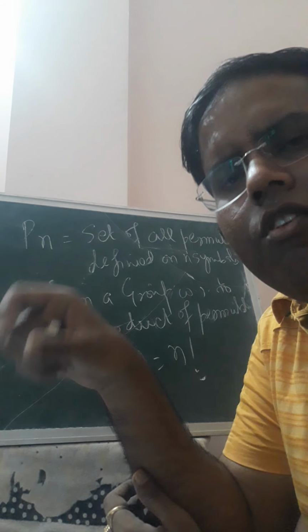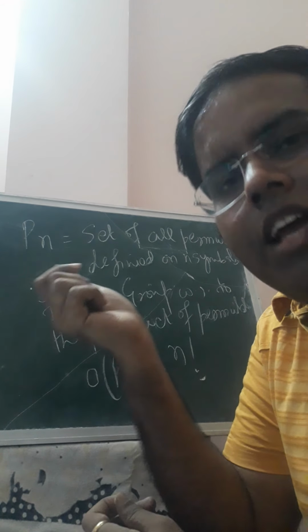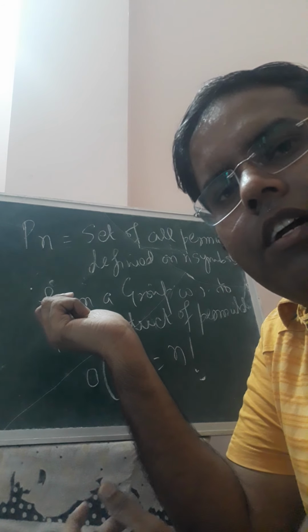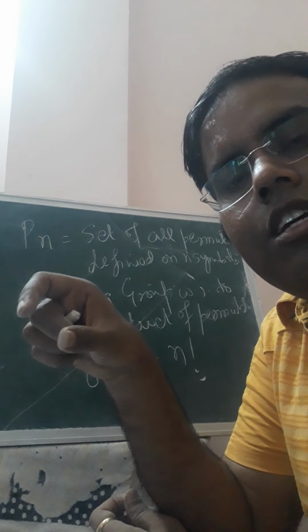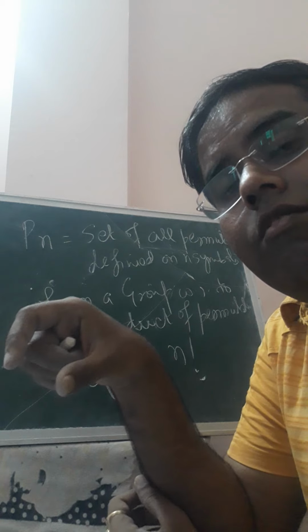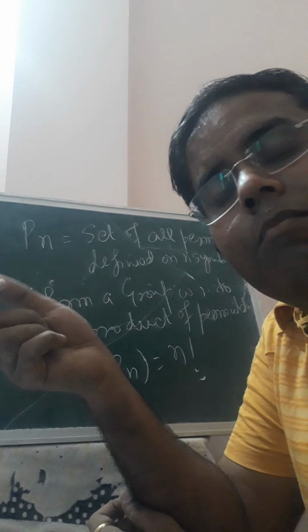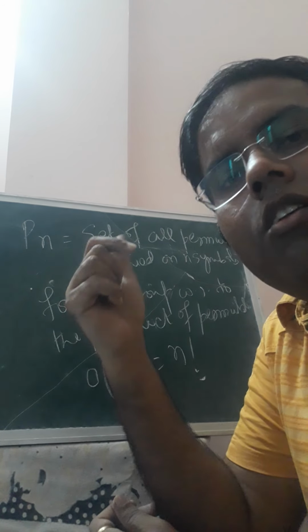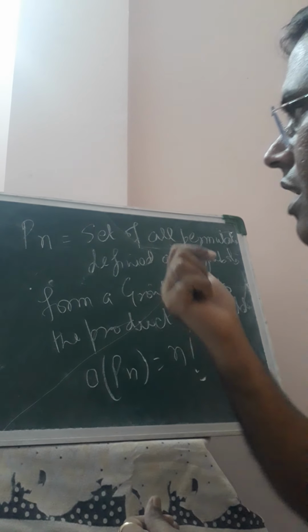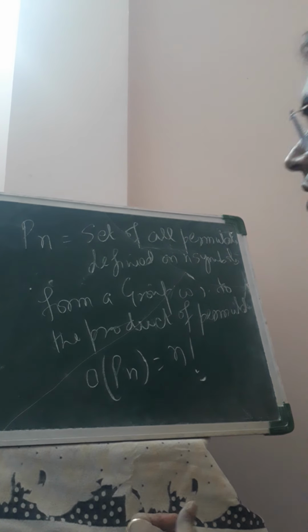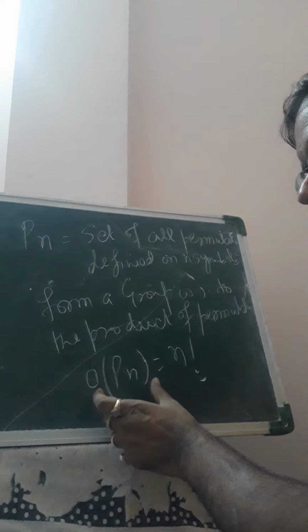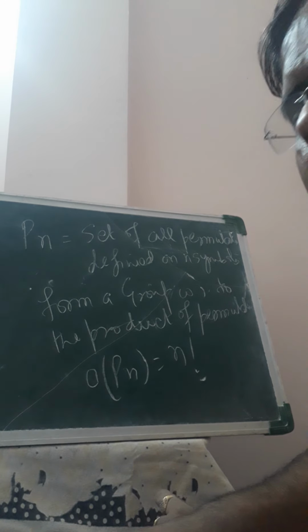Similarly, we can check the associative property, the existence of the identity element, and the existence of inverse, since the inverse of a permutation on n symbols is again a permutation on n symbols. So this set Pn forms a group with respect to the product of permutations, and the order of this group is n factorial.